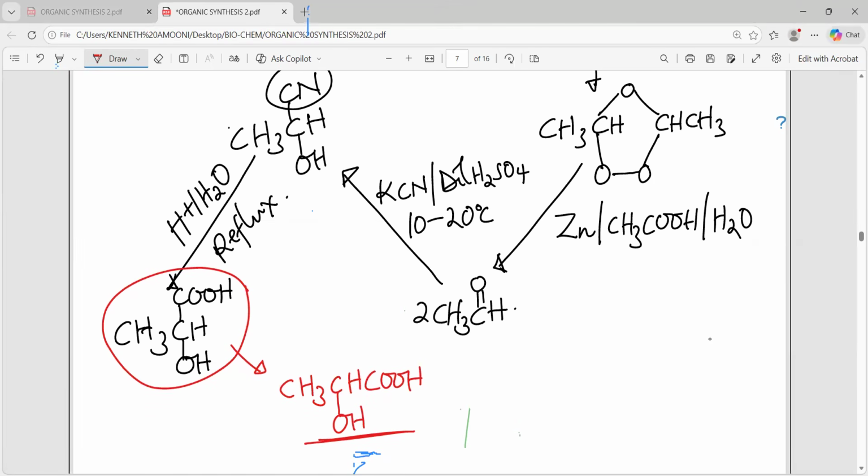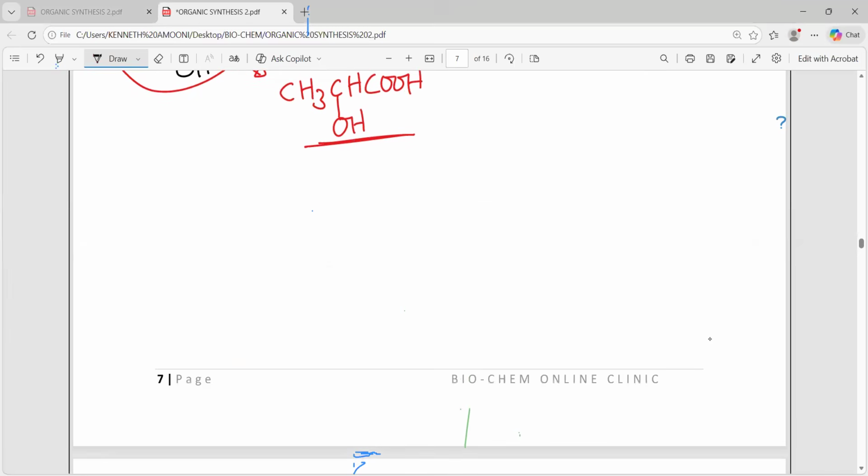Okay, so let's look at the fifth question now. Question number 5 is that we are synthesizing an amide from nitrobenzene. Nitrobenzene is like that.